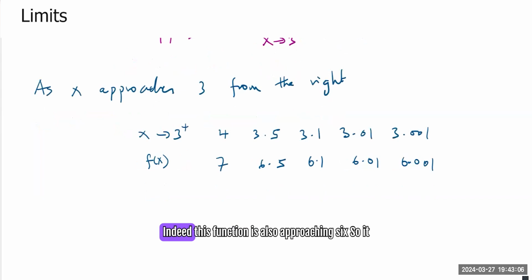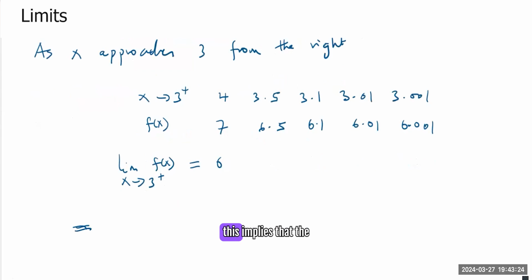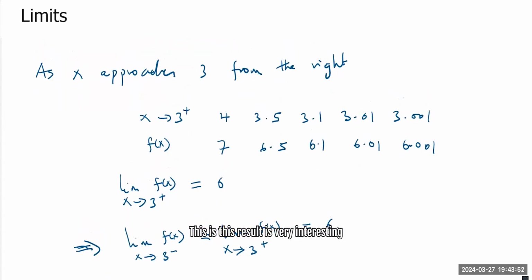What can we say of the function as x approaches 3 from the right? It is 6. Now, we claim that this implies that the limit of the function as x approaches 3 from the left is equal to the limit as x approaches 3 from the right. This result is very interesting.